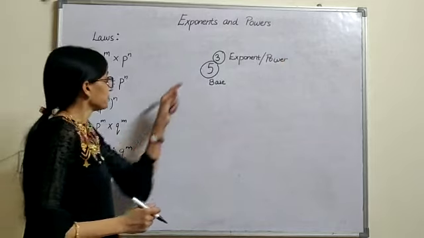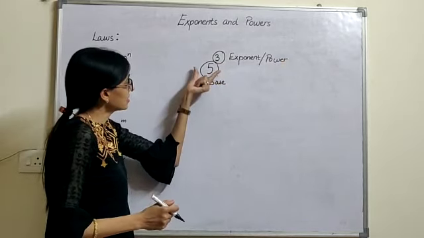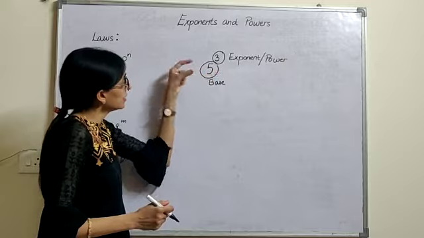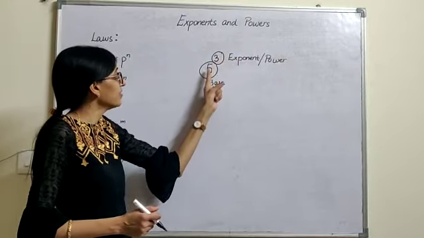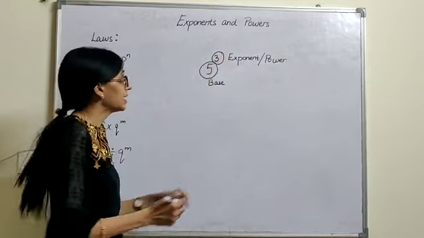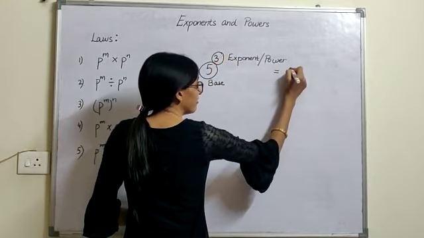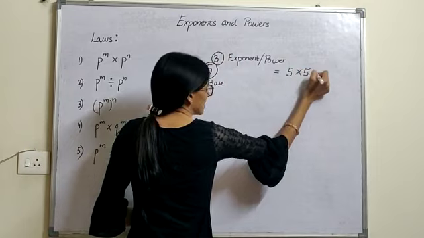Okay? So, this is the base which is written in the lower part, and this is the power, 5 raised to power 3. That means we have to multiply 5 3 times.